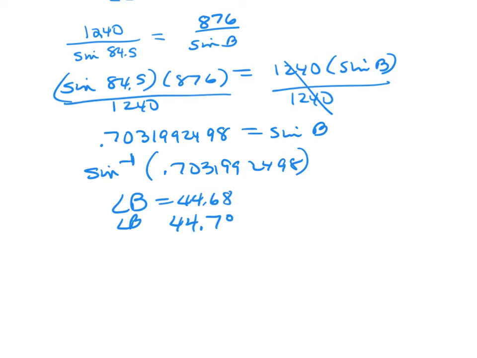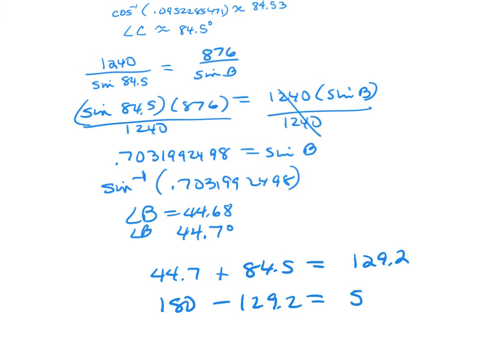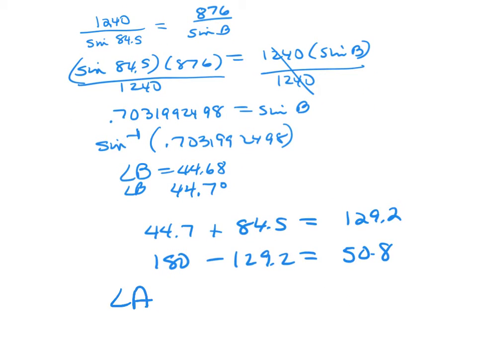I add angle B plus angle C, which was 84.5, and subtract from 180. This gives me 129.2, and 180 minus 129.2 gives 50.8. So angle A is equal to 50.8 degrees.